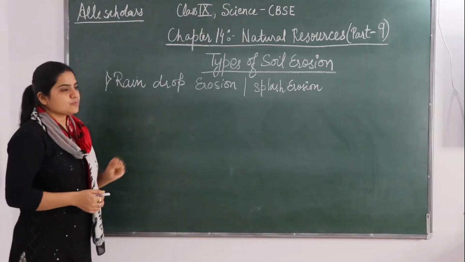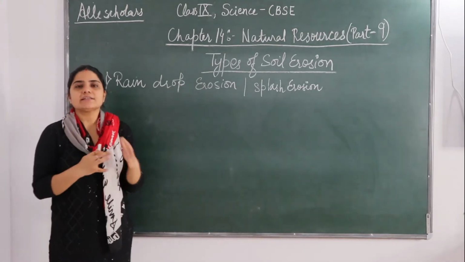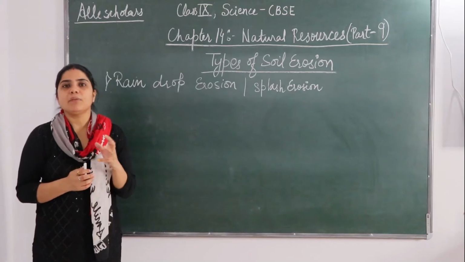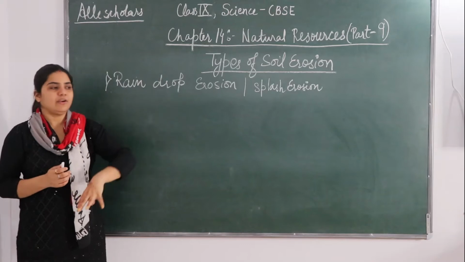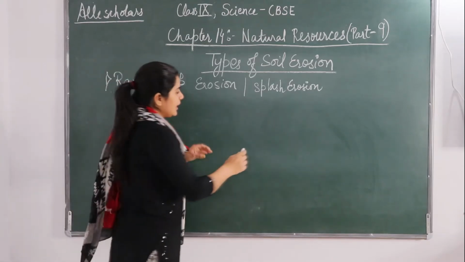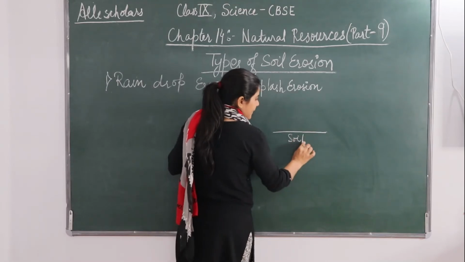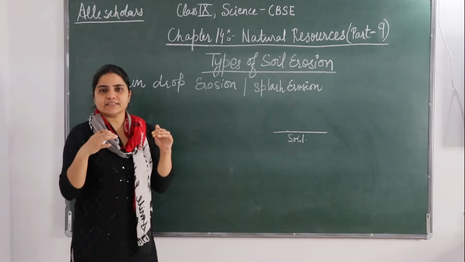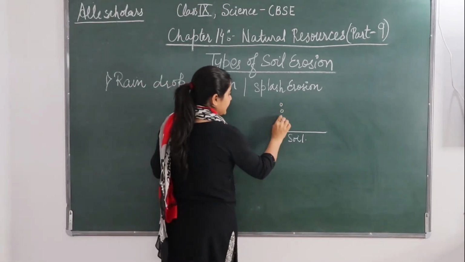And if you see splash erosion, how does it result? ये कैसे होता है? So splash erosion results from the bombardment of the soil surface by the raindrops. Okay, अब ये आपका soil surface है. This is the surface of soil. When raining is there, or when raindrops come, what is going to happen?